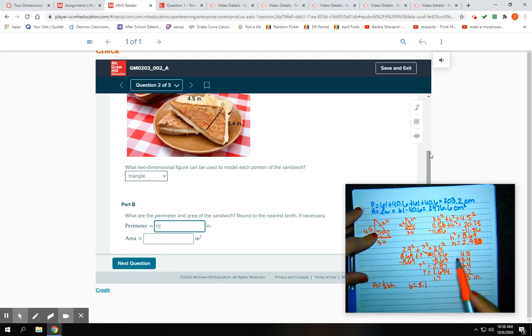My height, that was the 2.9. So 1/2 times 5.1 times 2.9. That's going to give me 7.395, which is about 7.4 inches squared.